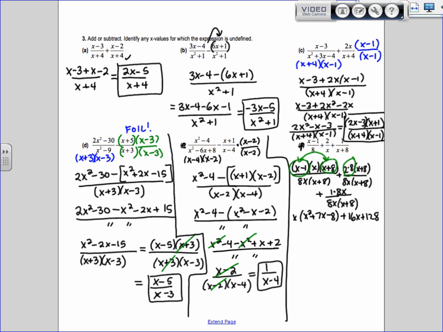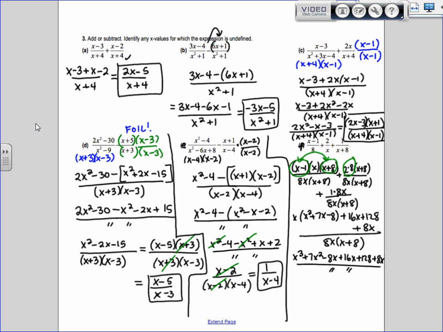All right, and then I have plus 8x. That's my numerator. My denominator is 8x times x plus 8. A little bit messy, sorry. I tried. So I'm going to get x cubed plus 7x squared minus 8x plus 16x plus 128 plus 8x, all over the same denominator.